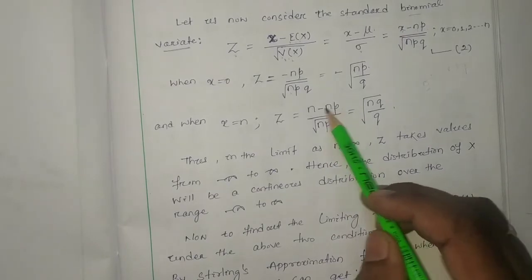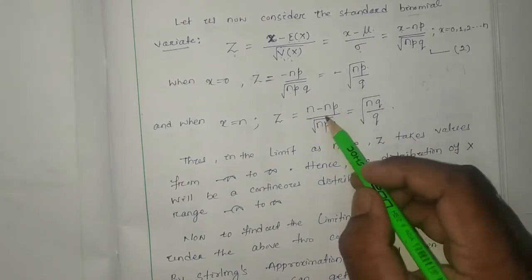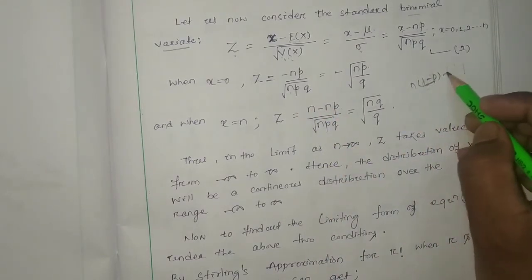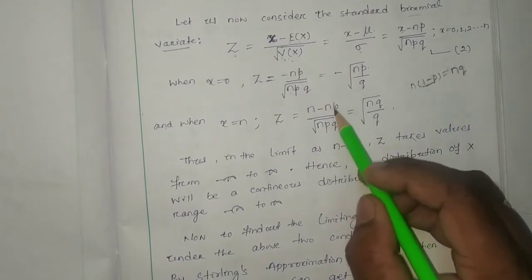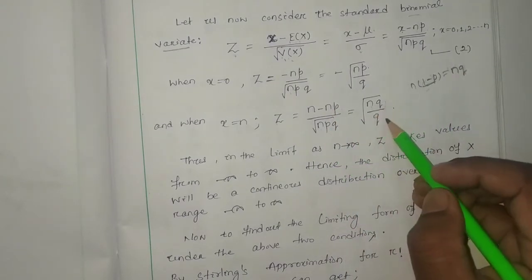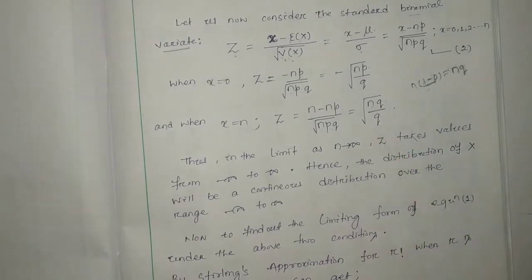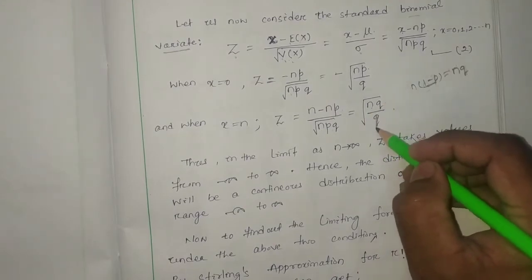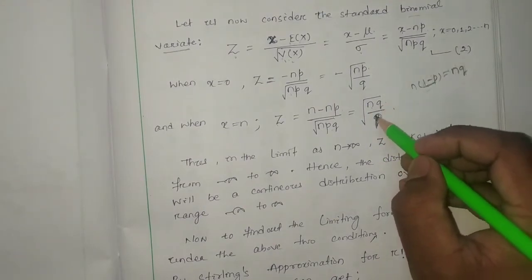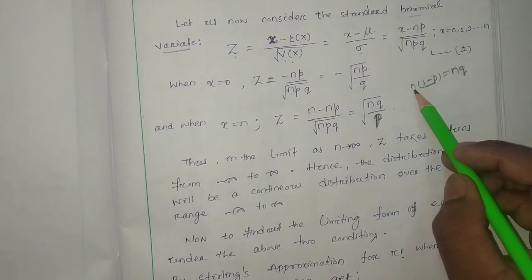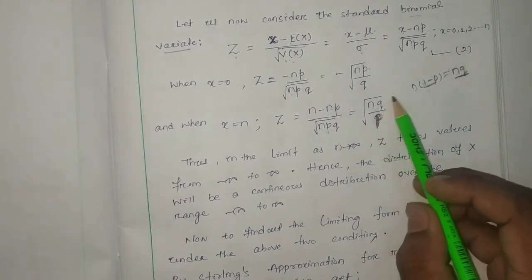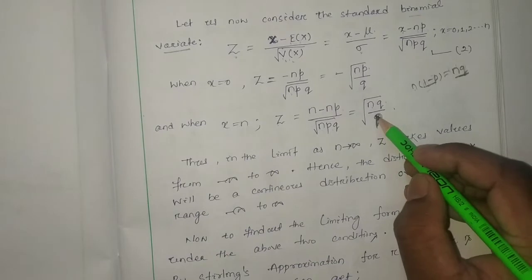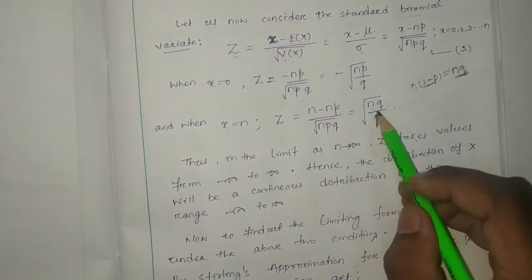Here you can take n common from the two terms, which gives n into 1 minus p, and 1 minus p is nothing but q, so nq by root over of npq. Since q cancels, it will be root over of nq by p. Mistakenly I wrote q in the denominator; it is nq by p.